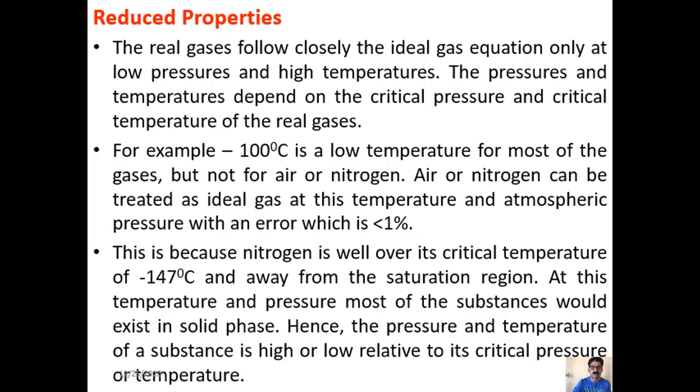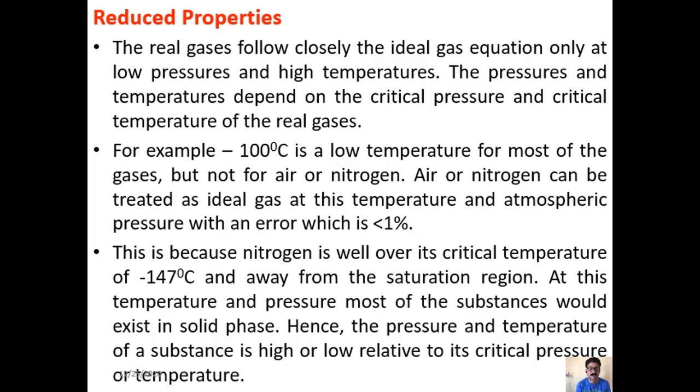So minus 100 degrees Celsius is away from the saturation region also. At this temperature and pressure, most of the substances would exist in the solid phase, right? Usually at minus 100, minus 147, most of the substances will be in the solid phase. Whether the pressure and temperature of a substance is high or low, you have to consider relative to the critical pressure and temperature.